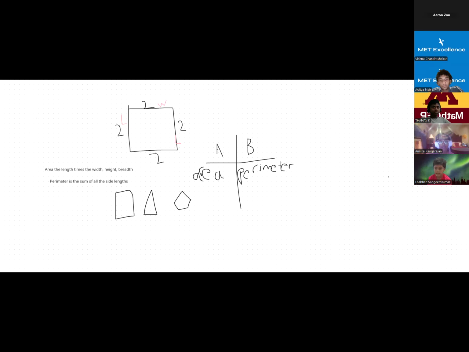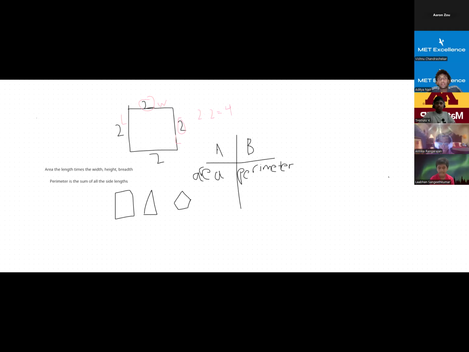Breadth is just another way of saying width or height. It's not all too common. So the area of the square is 2 times 2, and that is 4.